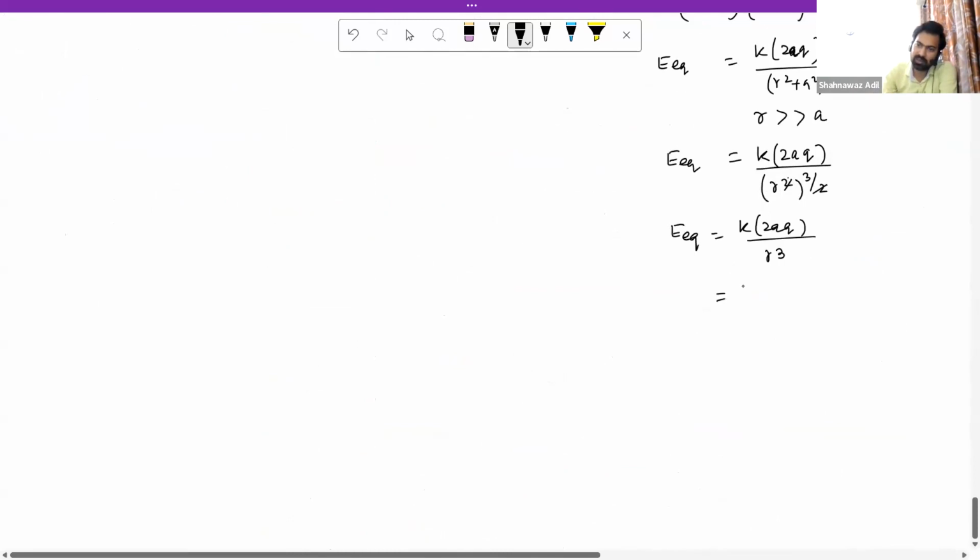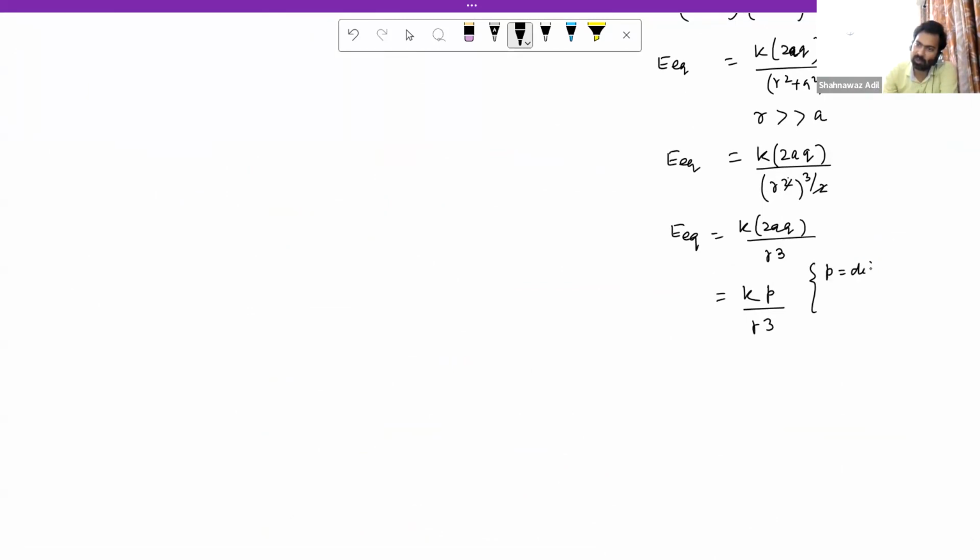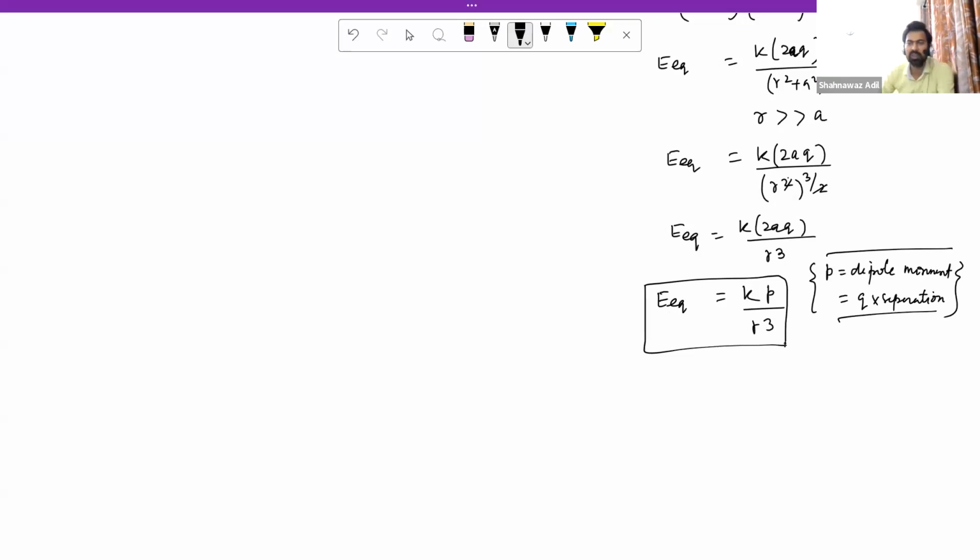This is P. So P is dipole moment, and which is charge into separation. Right. So this becomes EQ, and this is the magnitude of the electric field due to a dipole at the equatorial point.